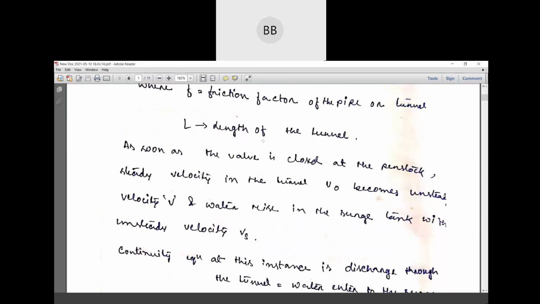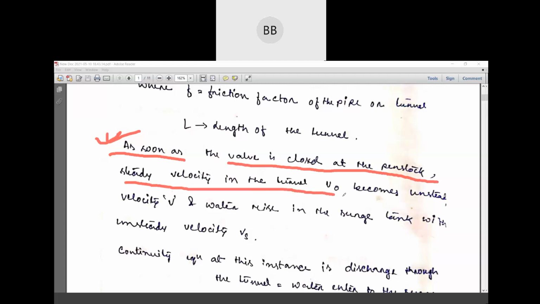So when the valve is open, the water is flowing in a steady condition, and that steady velocity is V naught. Then, as soon as the valve is closed at the penstock, the steady velocity in the tunnel V naught becomes unsteady velocity, because there is a backflow of water.